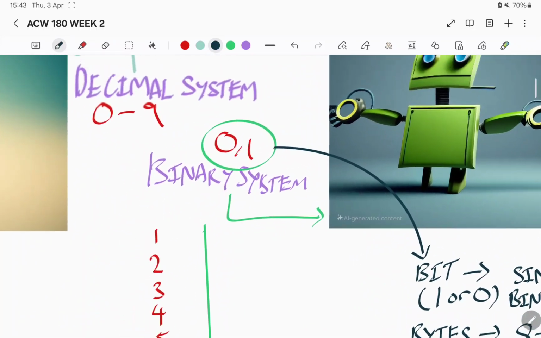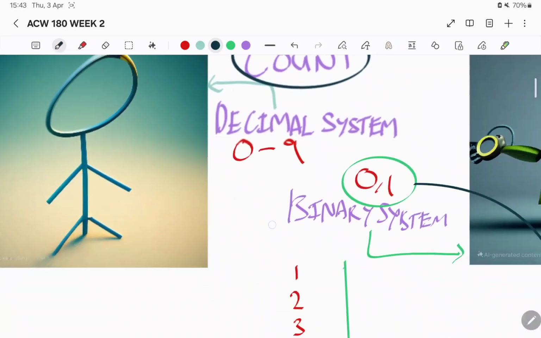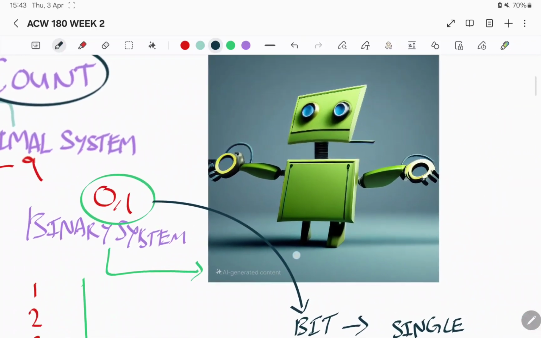Now we go back to here. This is how we count, 0 to 9, but the computer counts by bytes.